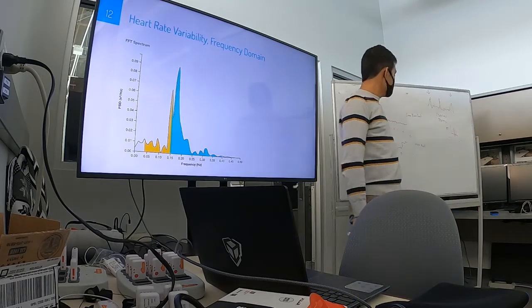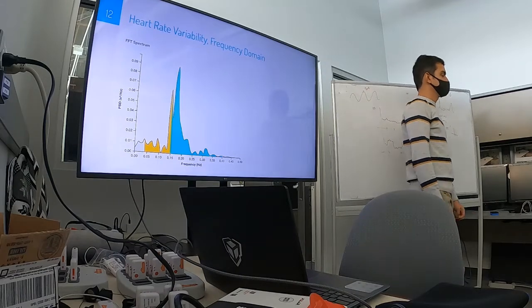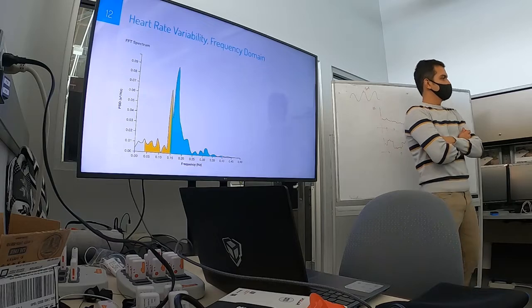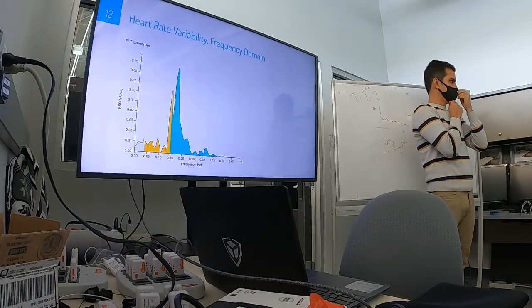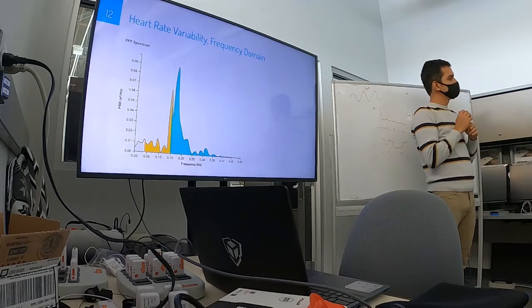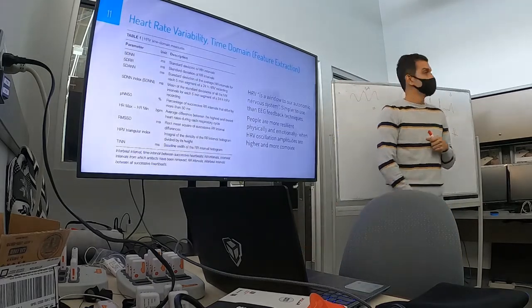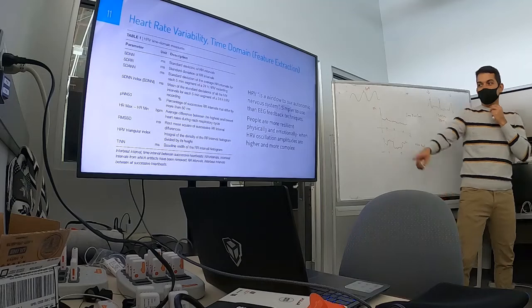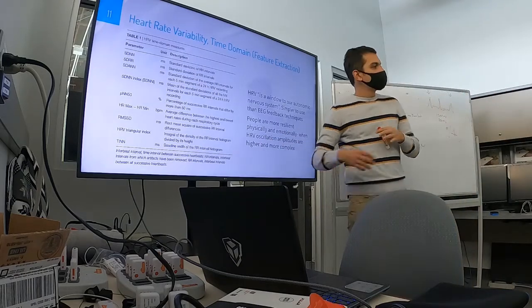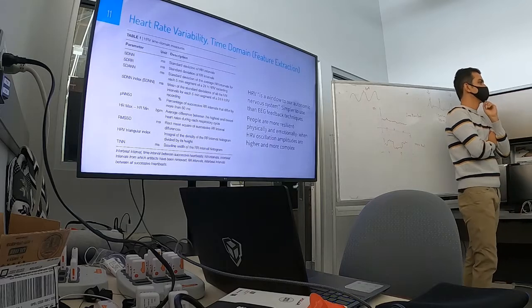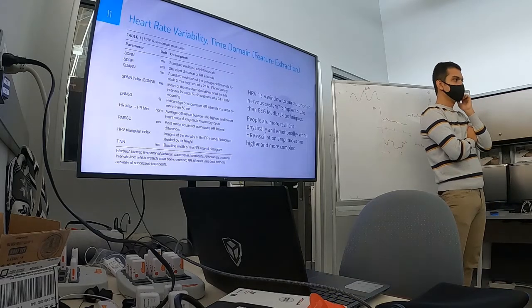Can you use HRV to normalize that variation in your sample size? So if you have people that are really resilient to change and others that aren't, can you use that parameter to create a baseline? Which one? The HRV triangular index. Oh, the triangular index? So if I have a sample size where some people are really resilient, other people aren't, can you use that to normalize your other data?